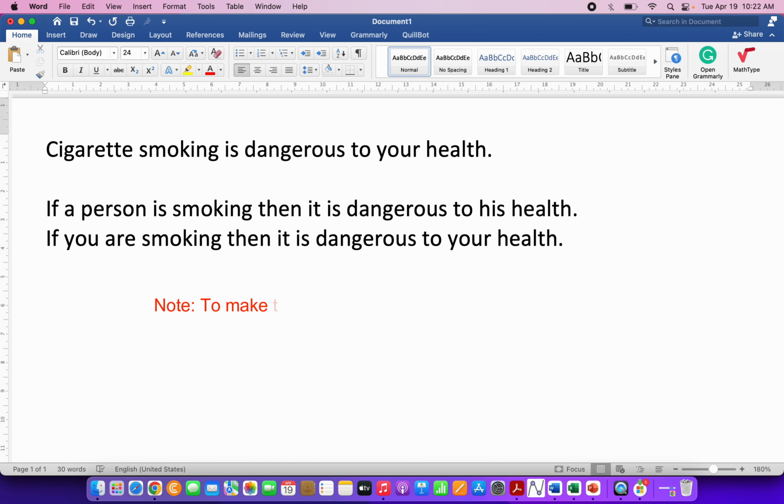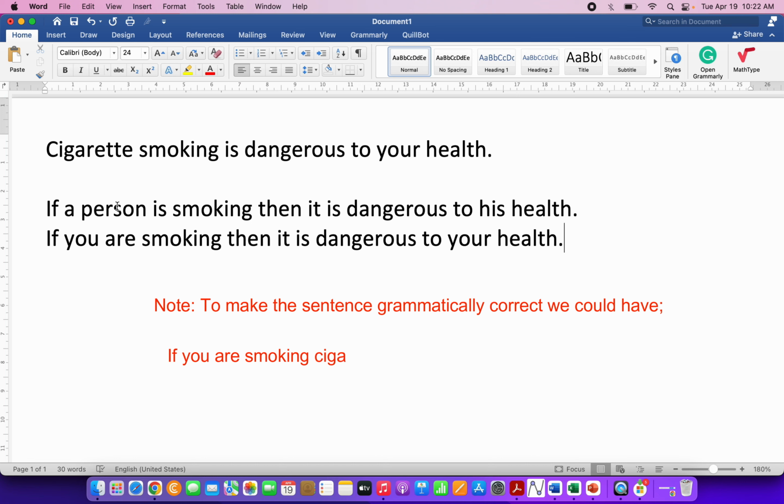Okay? So, these are the two possible if-then statements. Both are correct, ha? So, if a person and then if you are.